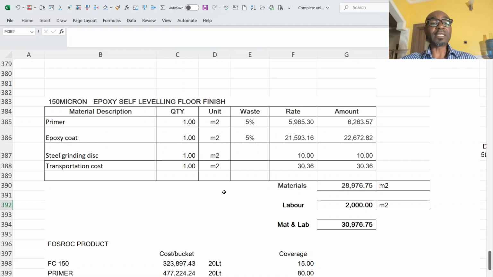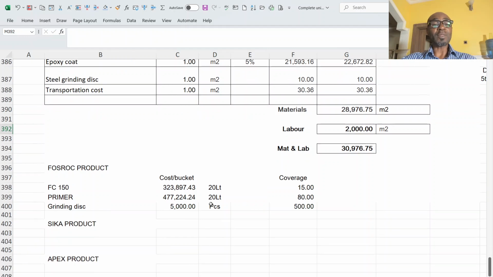So having said that, like I said, we are going to use the First Rock products to build our rate.